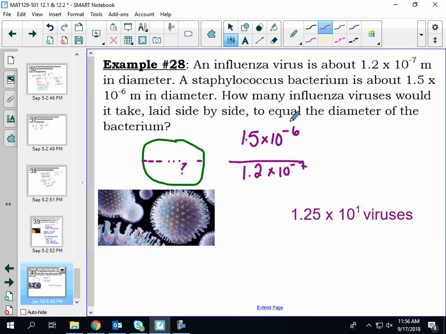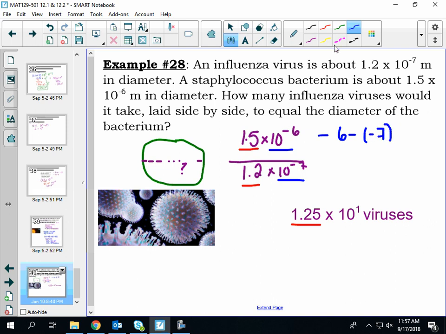When you divide the number parts, the 1.5 divided by 1.2, you end up with 1.25. When you do our fraction, we're dividing our 10 to the negative 6 divided by 10 to the negative 7th. Remember, we're doing negative 6 minus negative 7.